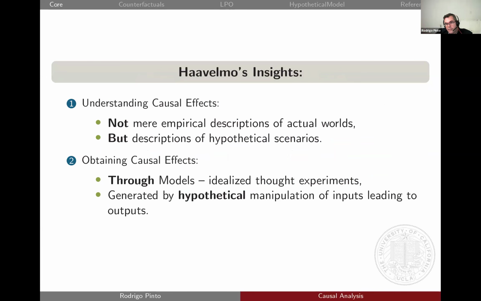Haavelmo, another important economist that has studied causality, goes further, and he established that to understand causal effect, you actually have to use this thought process, because causal effects are not a description of actual worlds, but description of these hypothetical scenarios in which you do this hypothetical manipulation of inputs that affects outputs. And pretty much what I'm going to do in what I call hypothetical model is a simple formalization of these ideas.